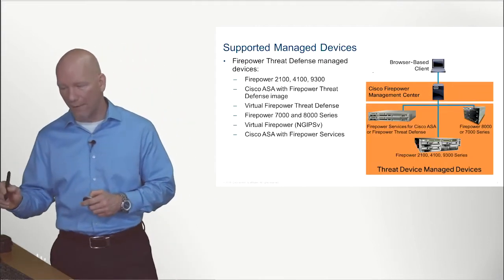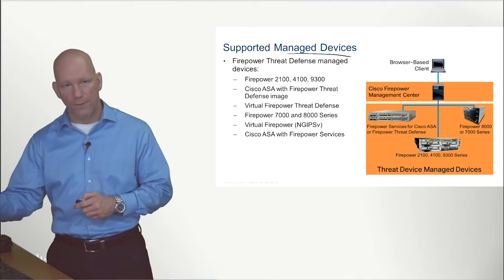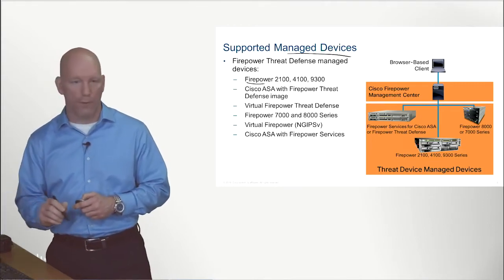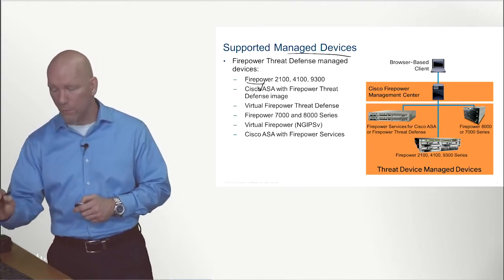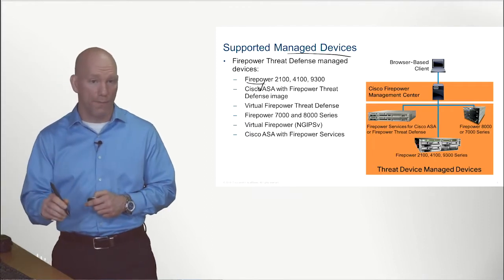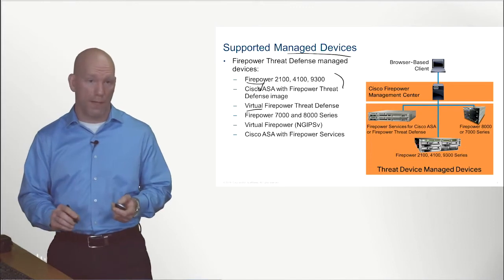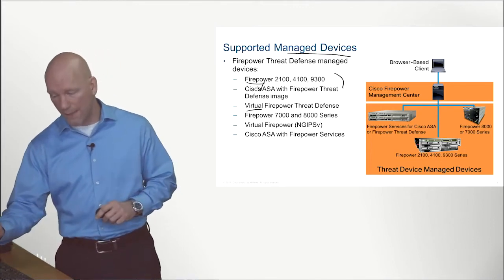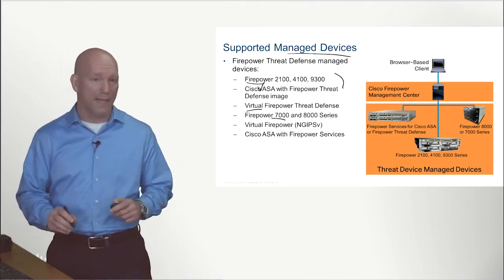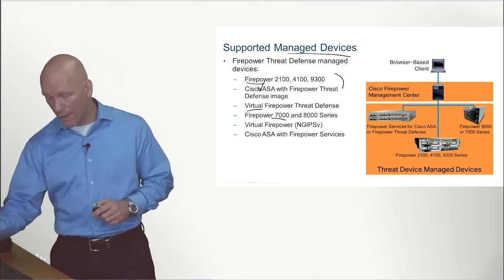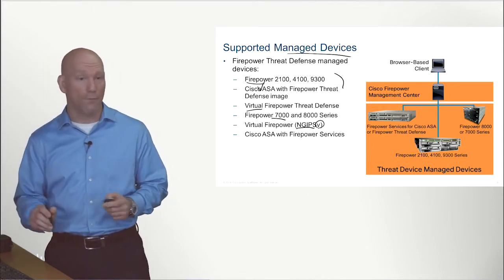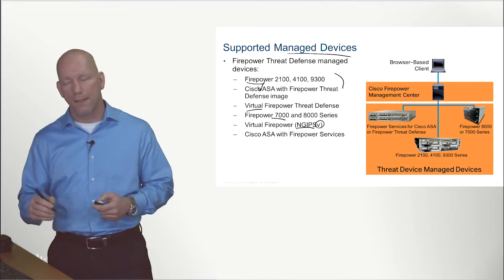So what we literally end up doing, if I can go to the next slide real quick, is we literally have our managed devices, so the actual Firepower appliances, the ASAs with Firepower Threat Defense loaded on them. Folks, whether they are physical appliances or virtual appliances, maybe even some of the legacy appliances, the 7000 and 8000 series, or again, our next gen IPS that is a virtual appliance, so the NGIPSv.